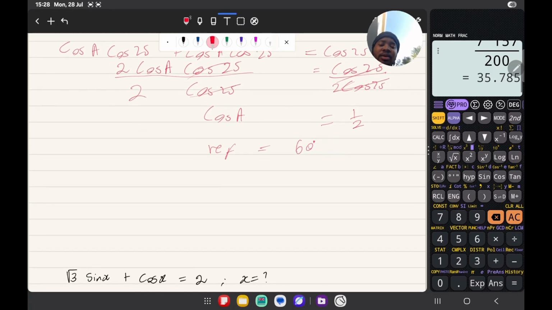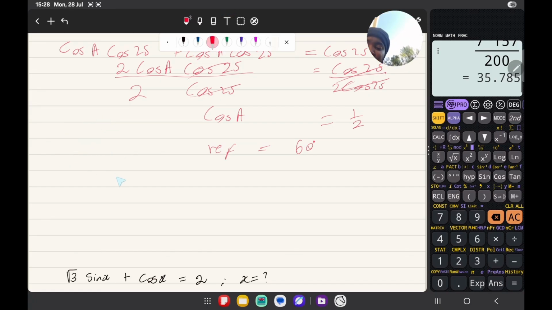Right, so now you can be like, okay, for cos, cos 60 is 1 over 2. From special angles, sine 30 is 1 over 2, cos 60 is 1 over 2.